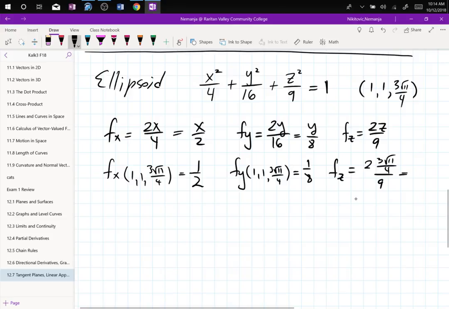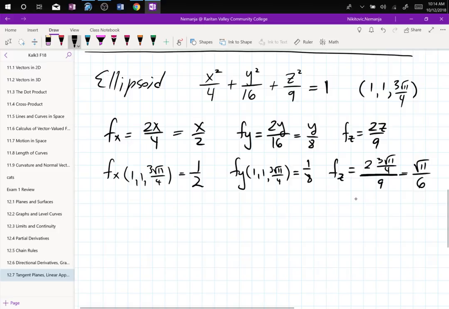So that is 2, 18, 3, 6. So root 11 over 6, if I did this correct. Let's see, 3 and 9 will cancel. This is the main division line here. So 3 and 9 will cancel, give me a 3, and then, yes, root 11 over 6.